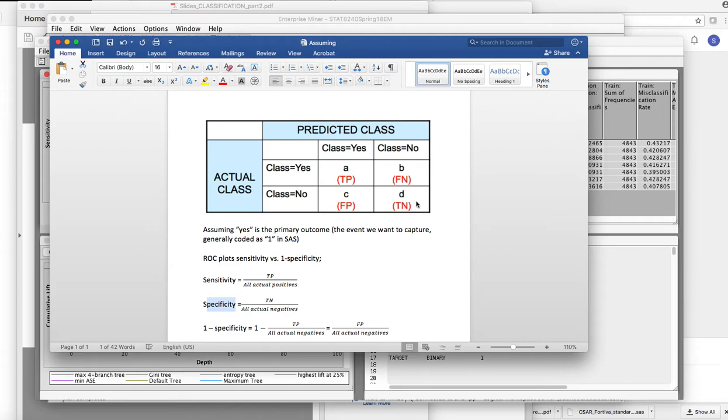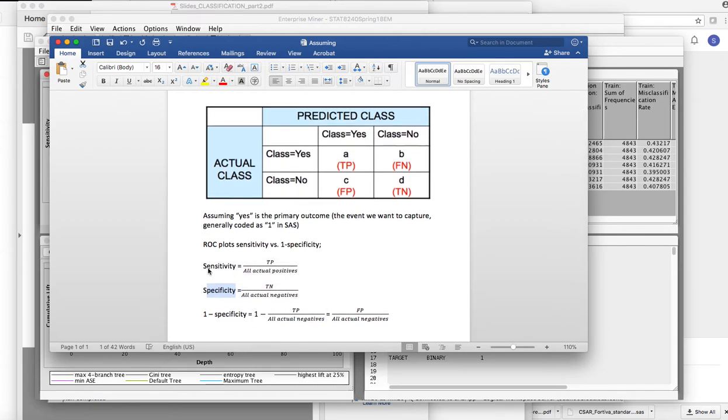It is the true negative rate, the proportion of true negative predictions among all the observations that are actually the negative class.